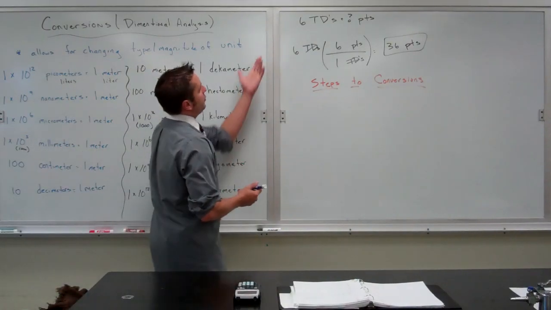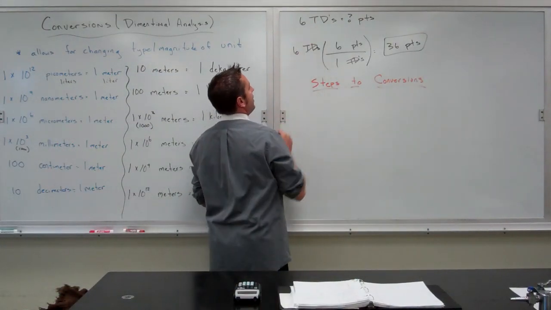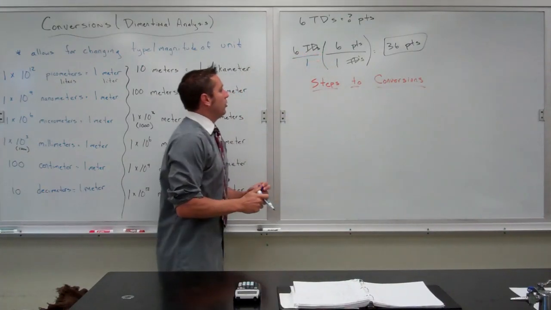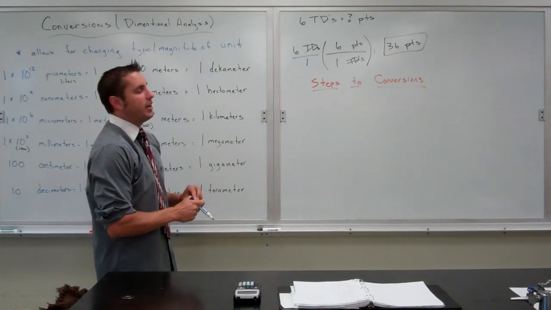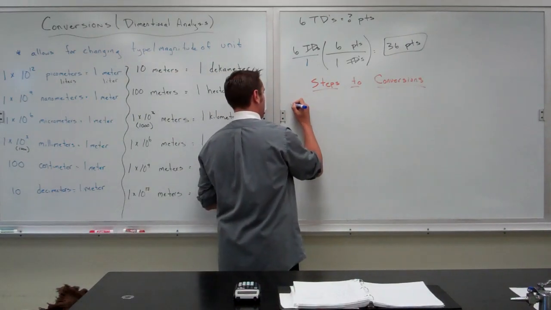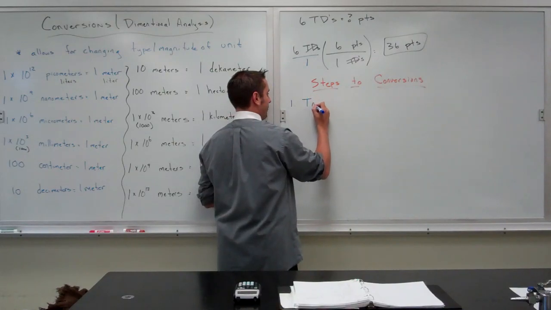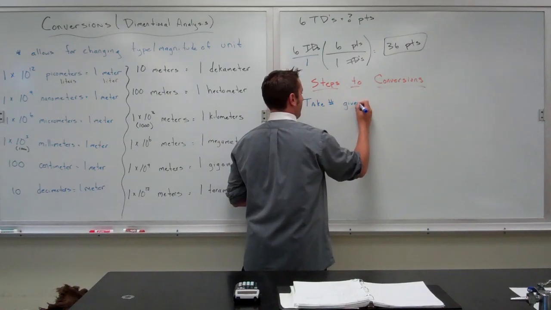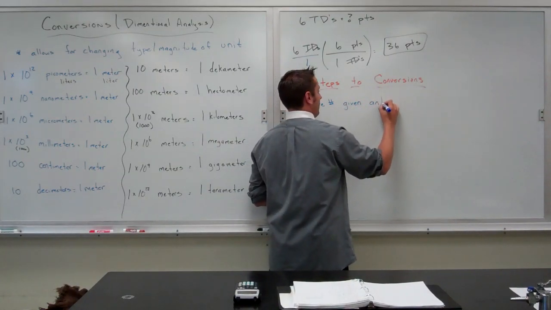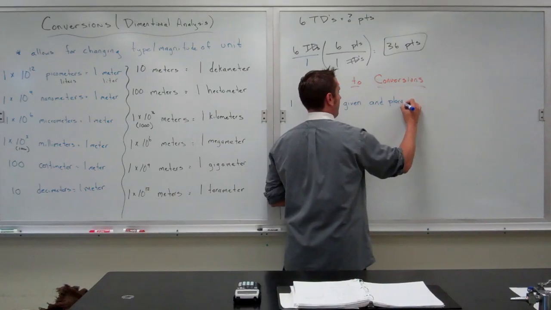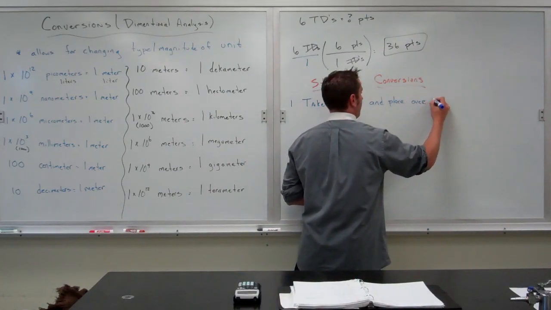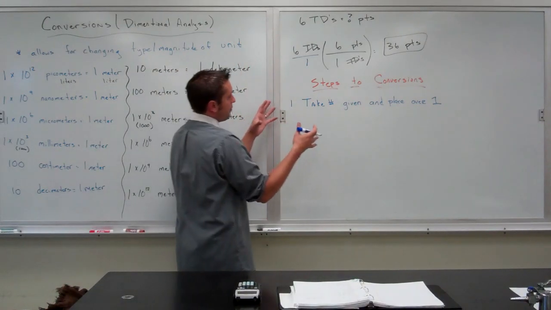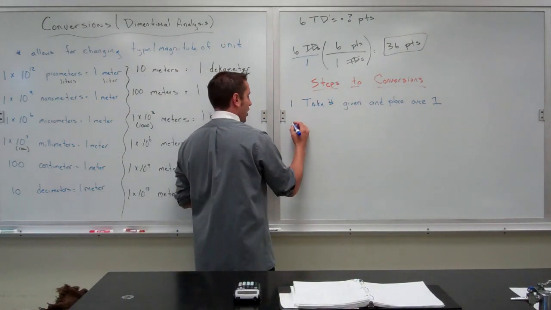Step one to converting, if you notice what we did, was we take the number that we were given and we put it outside the brackets. A lot of times I will list this as take the number given in unit and put it over 1. Step 2, I drew those parentheses and I put touchdowns on the bottom.